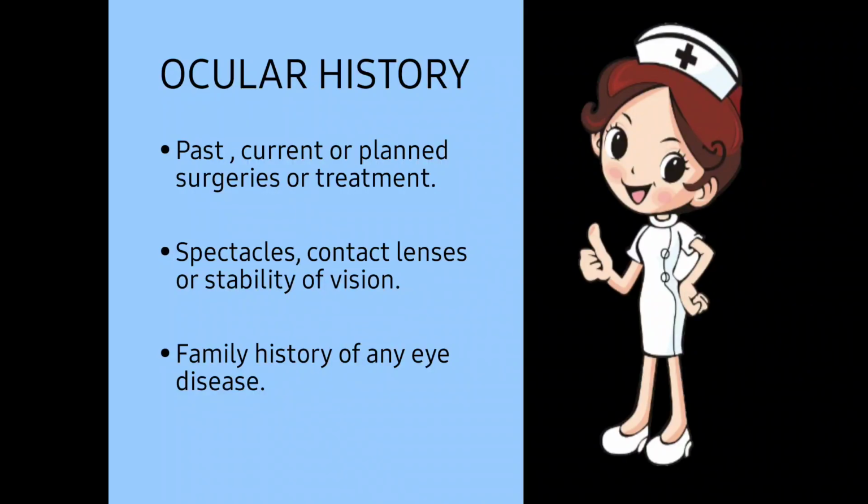Next one is the family history of an eye disease. Is there a family history of any kind of disease? For example, glaucoma has a family history. If there is glaucoma in the patient's family, then it will pass from generation to generation. In case of glaucoma, the intraocular pressure of an eye increases.